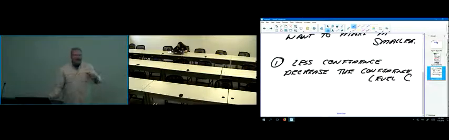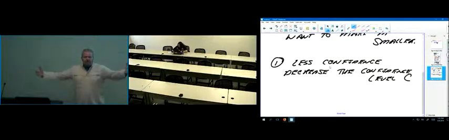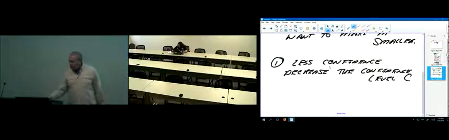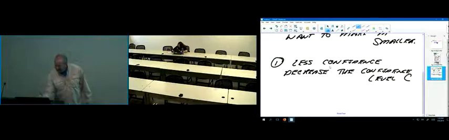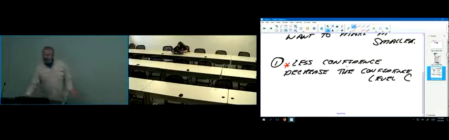In other words, instead of calculating at a 95% confidence level, let's do it at 90. Or if you started at 99 and you want to make your interval smaller, let's go 95. You do understand that the larger my confidence level, the larger my interval has got to be, because if I'm 99% sure in there, my interval is going to have to be larger. Well, what does this actually do when I say decrease the confidence level or settle for less confidence? What does that do to the Z star?